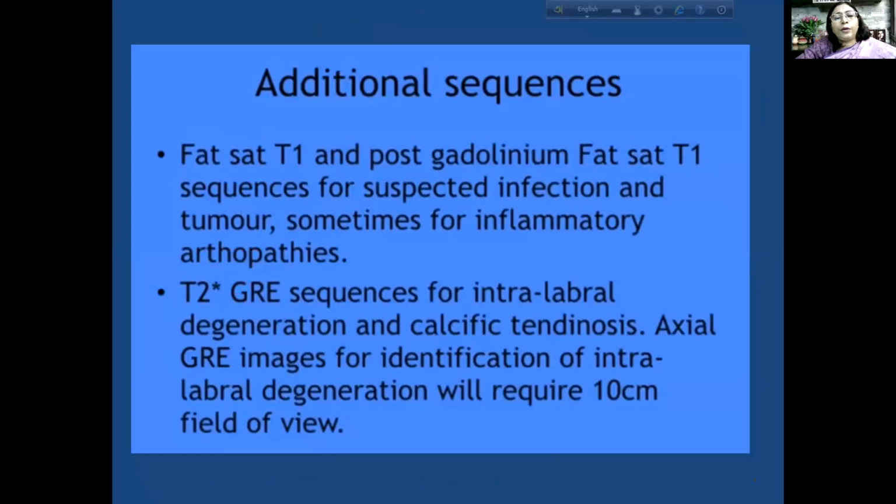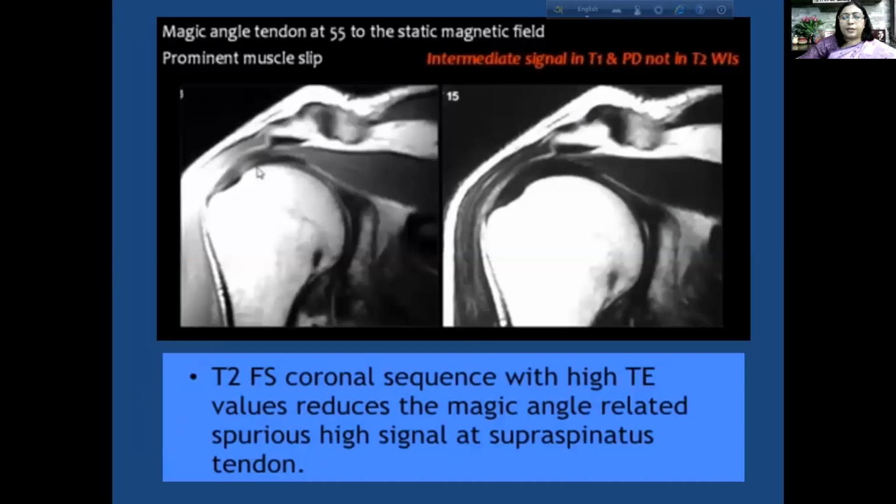Additionally, if we look for infection, tumor or inflammatory arthropathy, T1 fat set contrast should be needed. And to diagnose calcific tendinosis or intralabral degeneration, we take the help of T2 GRE sequences.